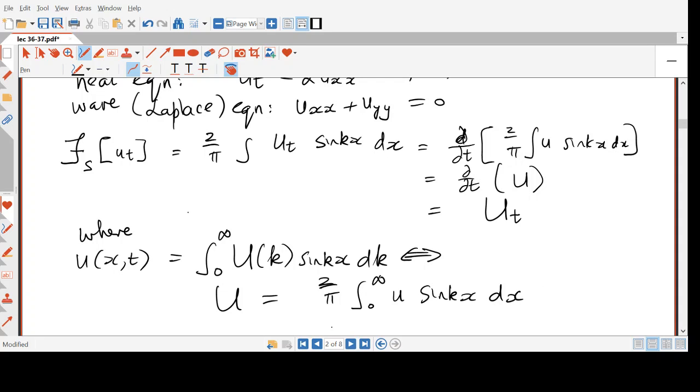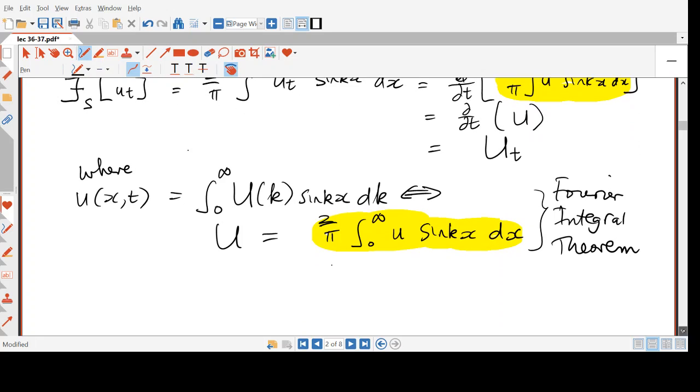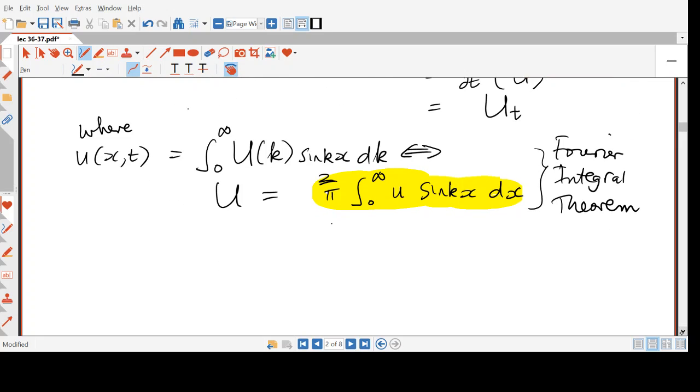That's Fourier's integral theorem. So this integral here is precisely capital U. Small u is a function we want to find, but capital U will be the Fourier transform. All right, let's proceed further.